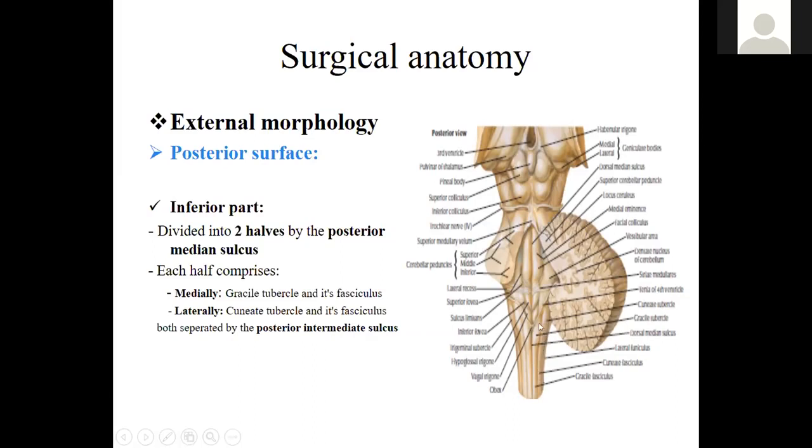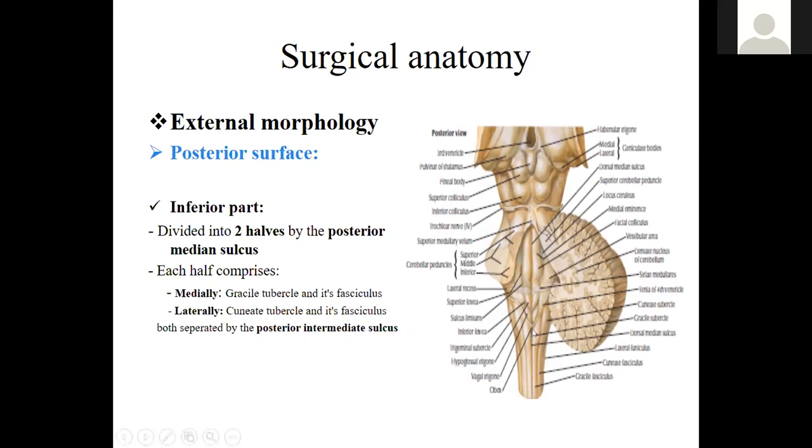I just have to specify that these gracile and cuneate tubercles are actually the nuclei that permit relay of the sensory neurons in the sensory tracts for touch and vibratory senses.